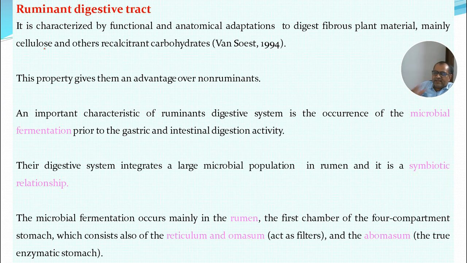So an important characteristic of the ruminant digestive system is the concurrence of microbial fermentation. Microbial fermentation is always one of the important things, and the digestive system consists of a symbiosis of the ruminant with the microbial population.